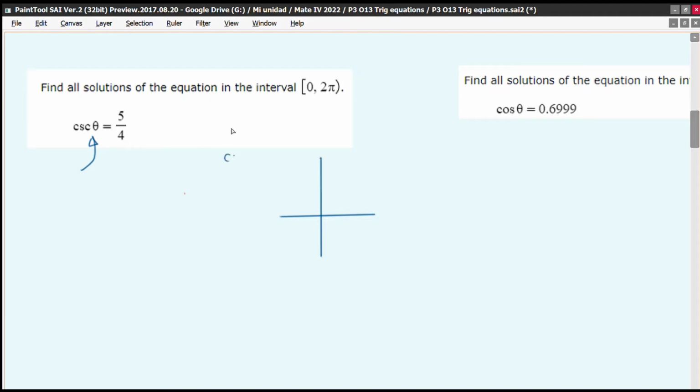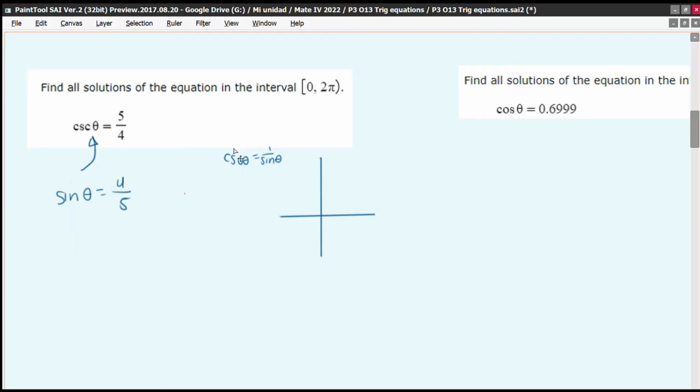So first of all, we know that cosecant of theta is 1 over sine. So we could rewrite this expression as its reciprocal. What does that mean? I can flip this entire equation and rewrite it as sine of theta equals 4/5. Why?